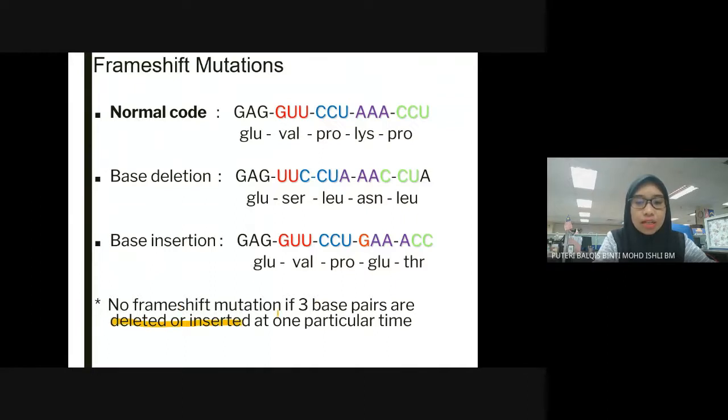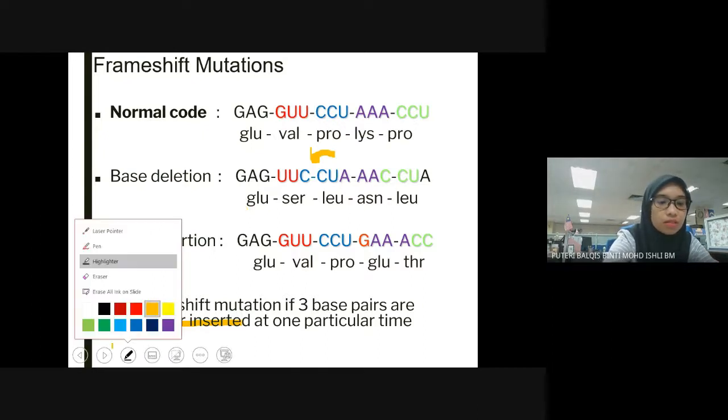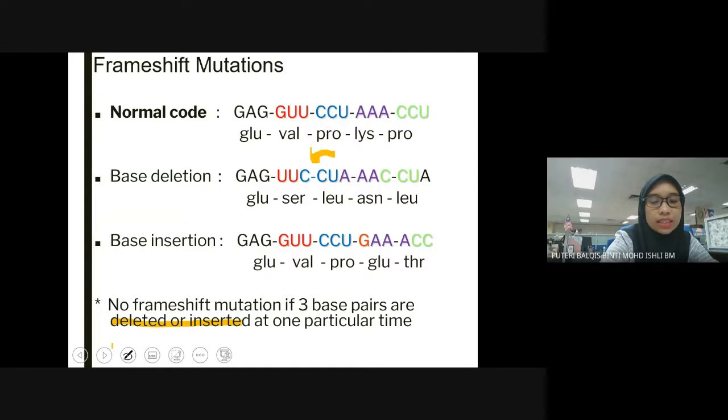Okay, maksudnya kalau kita masukkan terus 3, katalah kita masukkan 3 sini. So kita masukkan jadi GAG. Sekejap saya tulis. Okay, kita ada GAG. UUC kita masukkan GGG.